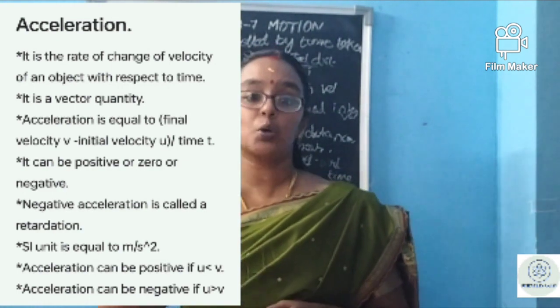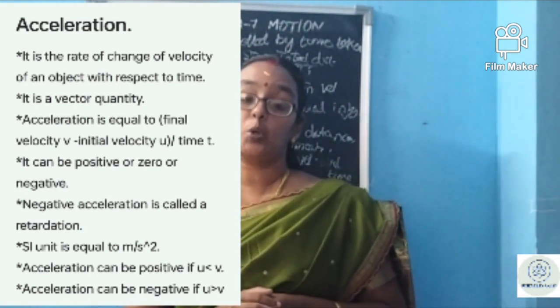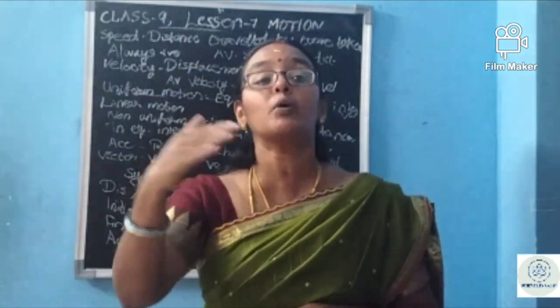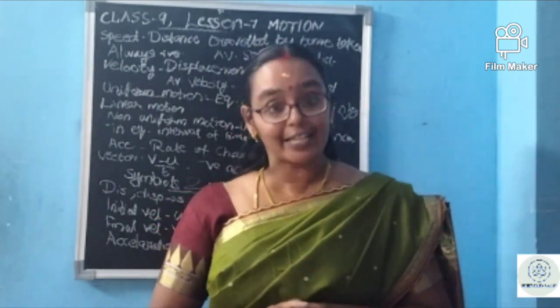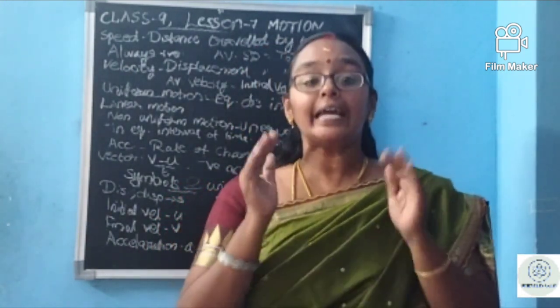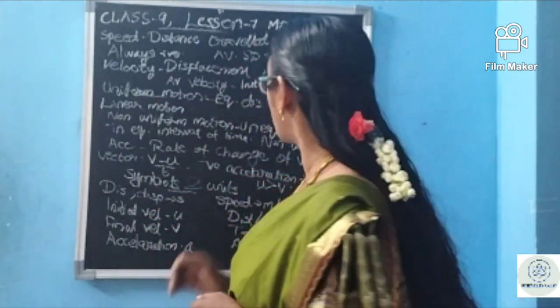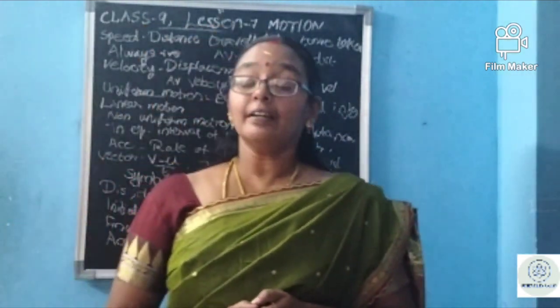Positive, I told you, is when a non-uniform motion is there. And zero also I told you. If the body is moving in uniform motion, the acceleration is zero. And negative acceleration is called retardation.